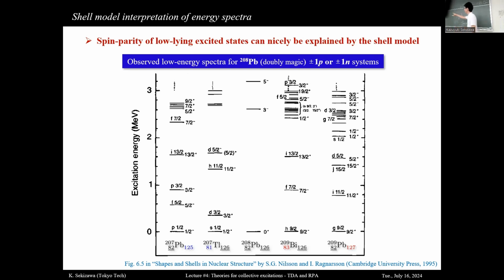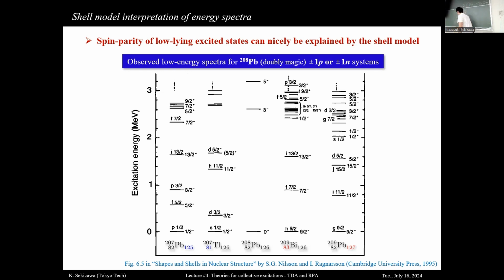So now we are coming to the shell around 82. As I mentioned here, we can expect the negative parity orbitals, and below h, the pf orbitals should be there: f7/2, f5/2, p3/2, and p1/2.